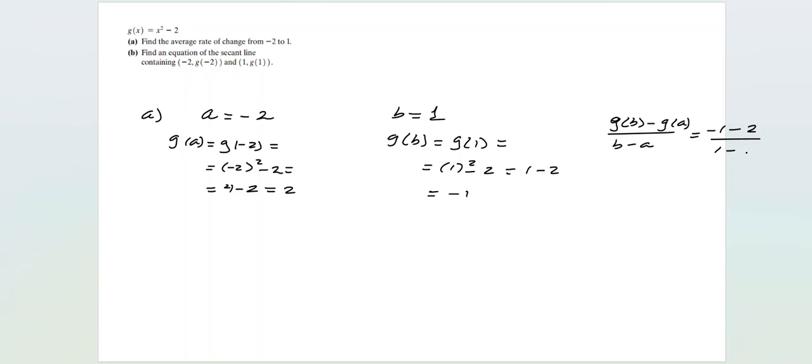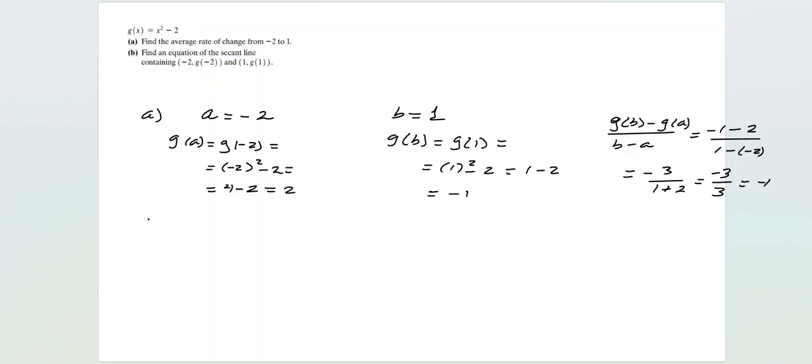It is minus 2. So I get minus 1 minus 2, which is minus 3, and below I have 1 plus 2, which is 3. Minus 3 over 3 is minus 1. So the average rate of change for this function is minus 1.